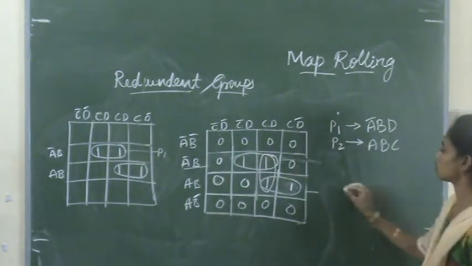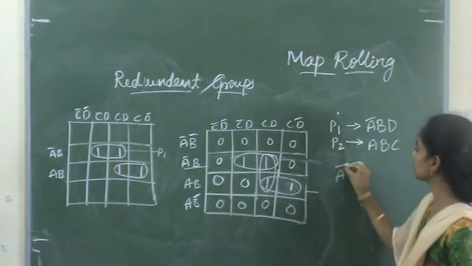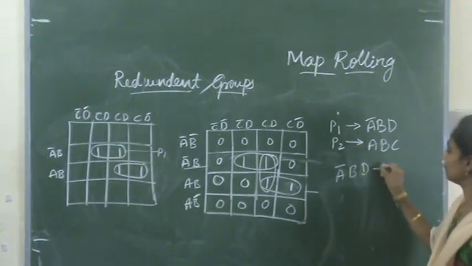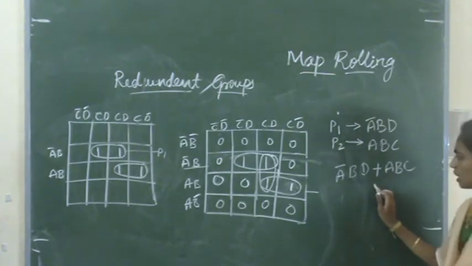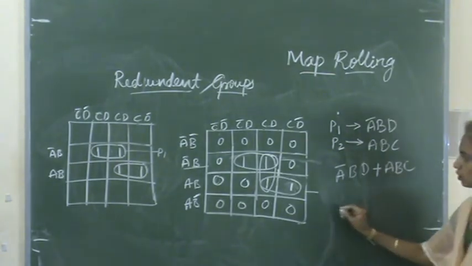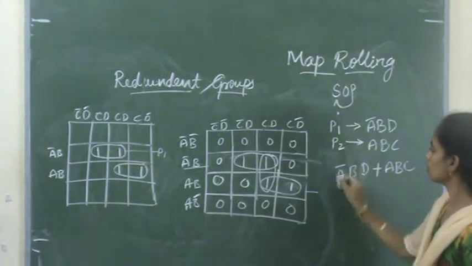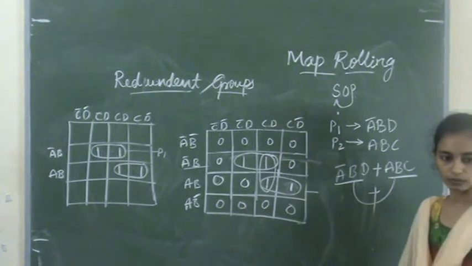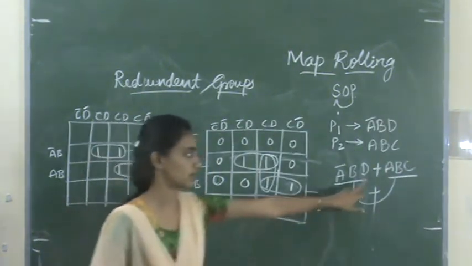So ABC. So after combining this, we will get A bar BD plus ABC. So you people know why I am writing plus here, right? This is the SOP method, sum of products. So this is a product, and that product has to be summed. Okay, we are adding that sum. So that's why I am writing plus here.